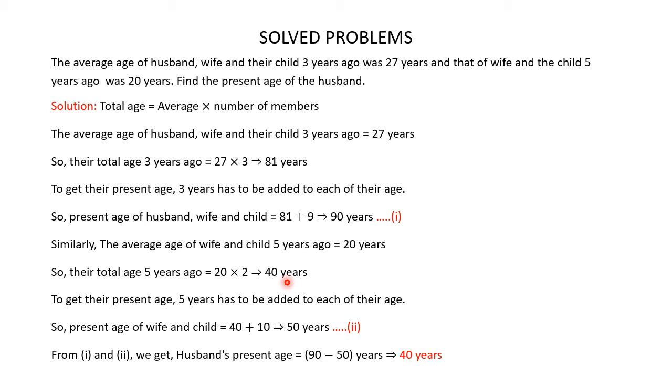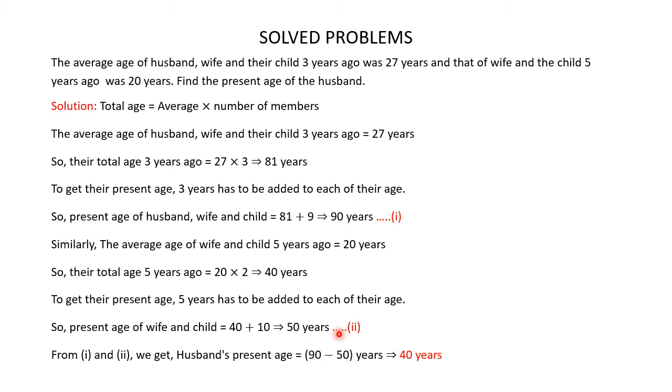So the total age of the wife and child 5 years ago was 40 years. To get their present age, 5 years has to be added to each of their age. Since there are 2 members, wife and child, 5 multiplied by 2 is 10. So the present age of the wife and child is 40 plus 10, which is 50 years.